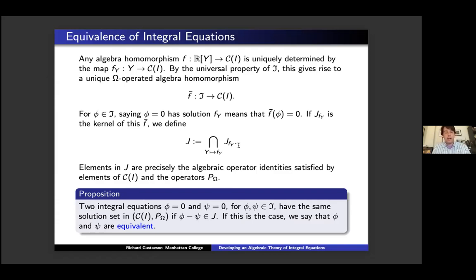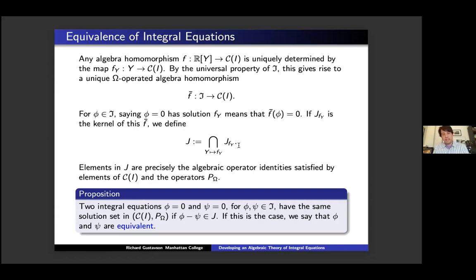And because I is the free object in our category, we get an operated algebra homomorphism, F bar, from I into C of I. Given any element phi of I, which we're thinking of as our integral polynomials, saying phi is 0, saying this equation has a solution, means that F bar of phi is equal to 0.